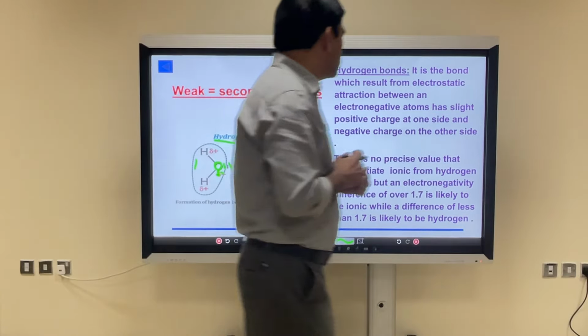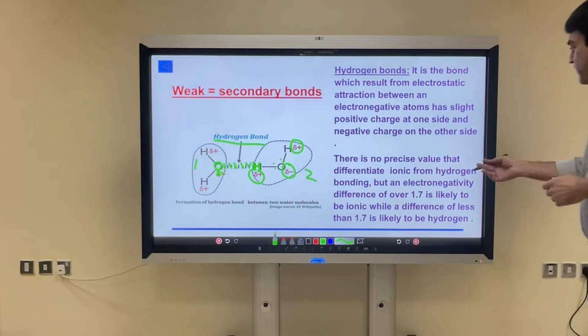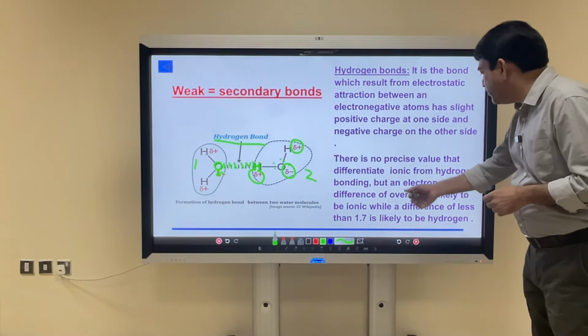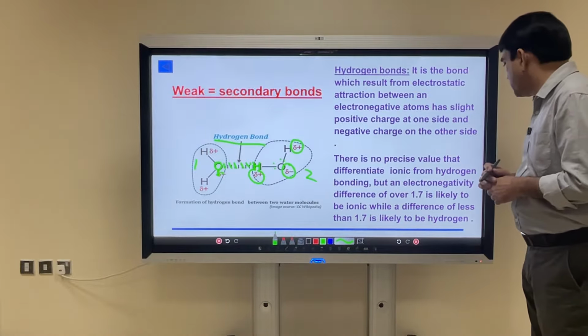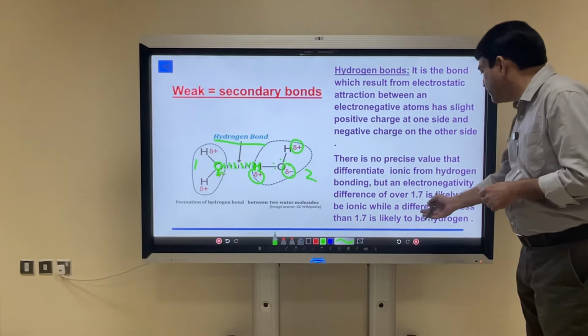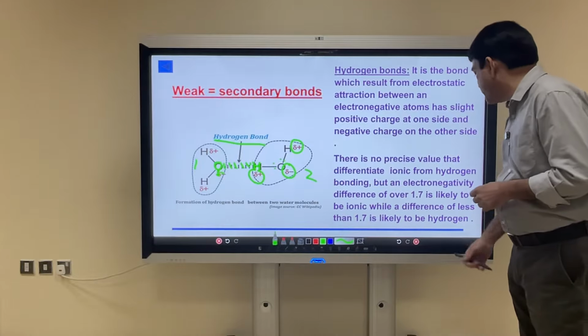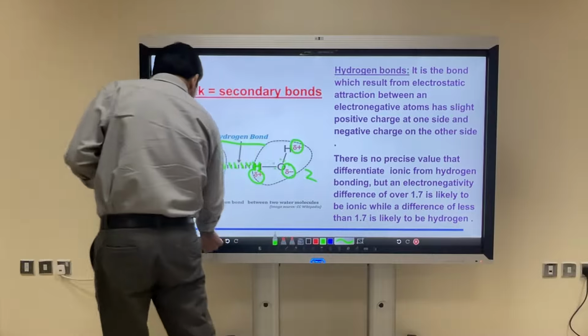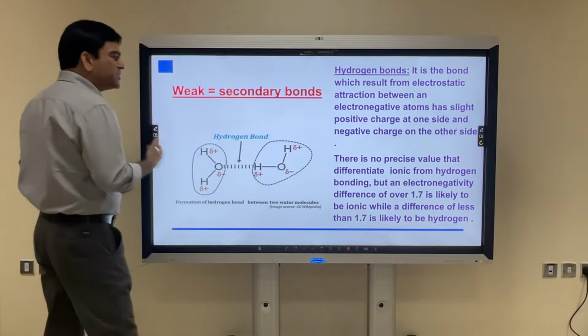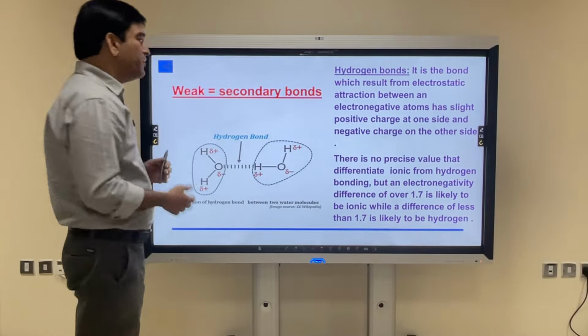An electronegativity difference of more than 1.7 is likely to be an ionic bond, whereas if the difference is less than 1.7, it is likely to be a hydrogen bond. So less than 1.7, hydrogen bond; more than 1.7, ionic bond.